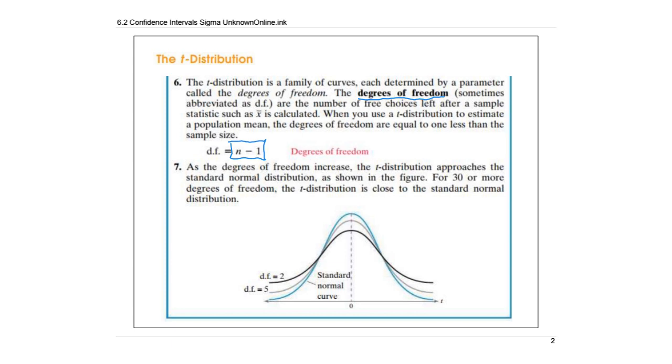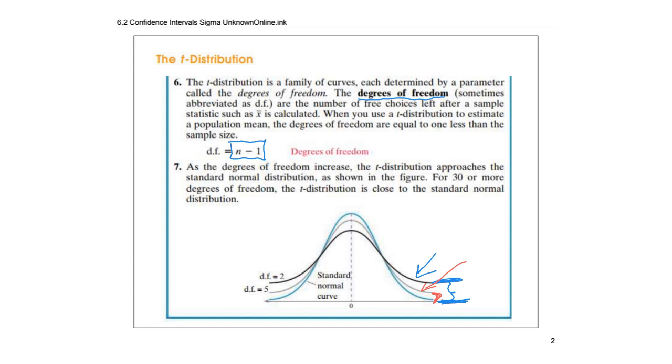So what happens with that, you can see these curves down here. If you look at the black curve here, the degrees of freedom are 2. And notice how much space, that's what they mean when they say thicker. See how much space is between the curve itself and our number line. Whereas as the degrees of freedom get larger, so 5, that is the gray graph here, and see how it's getting closer to the number line, and so therefore closer to a standard normal curve.